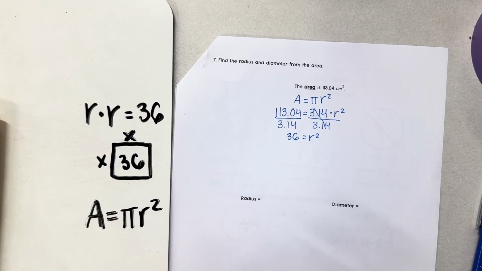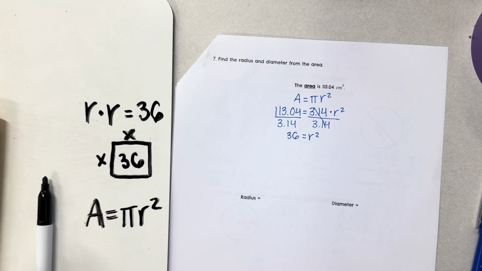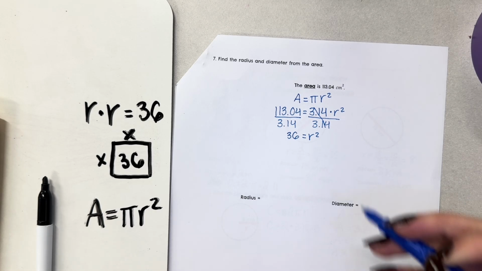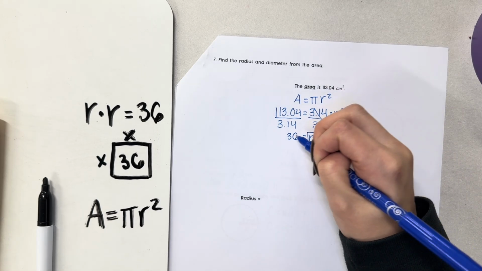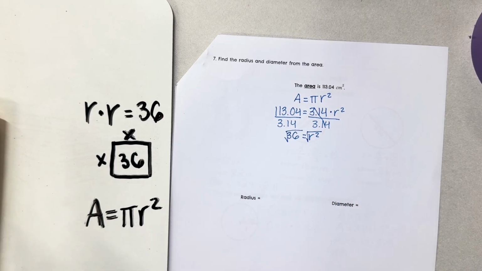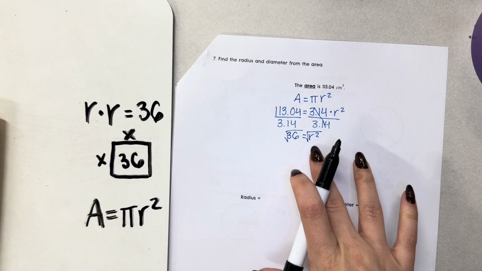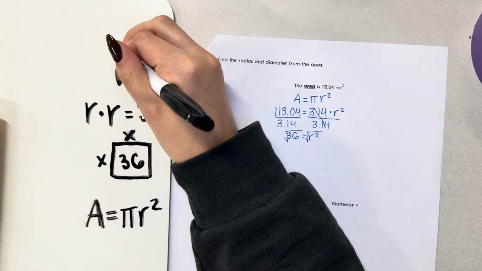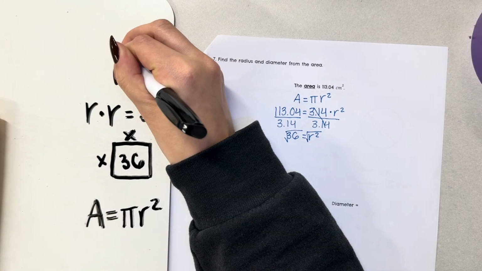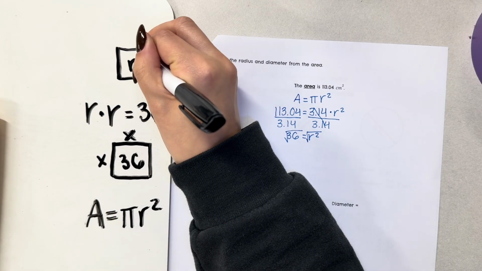Now, a square root figures that out for us. When I take the square root of both sides, on my r squared side, I'm looking at a square, and I'm saying the area of that square is r squared.